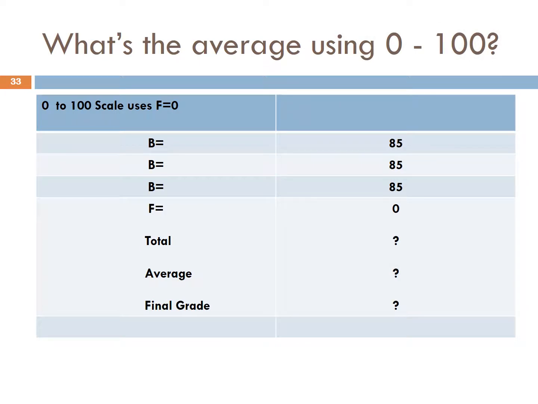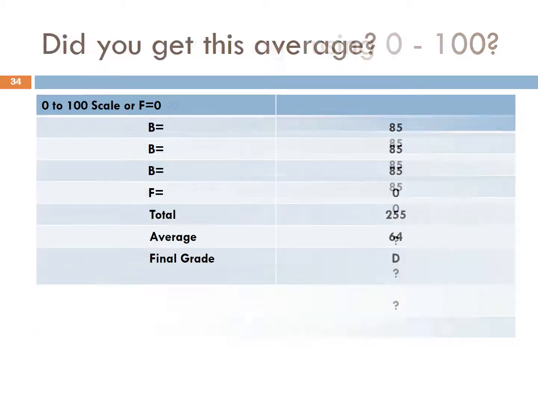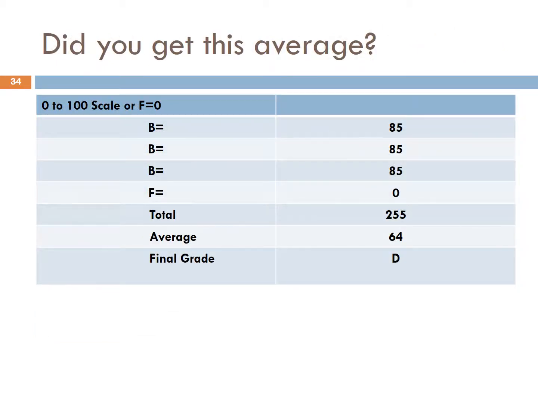What's the average using the 0 to 100 scale? The lowest possible value for F equals 0 to 59 is 0, so that was used. Once again, for work not turned in, the student should receive the lowest possible F for that F scale range. Did you get this average?